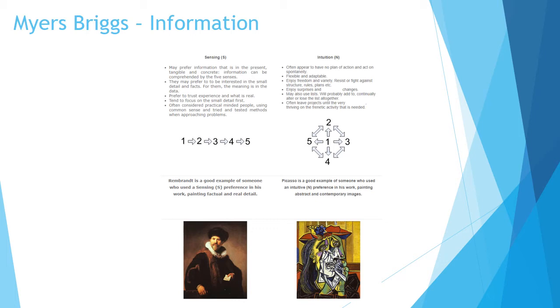So the sensing and intuition part, this is pretty interesting because again, it kind of goes into sequential versus random thinking. Sensing is very structured. They are in the here and now. They're very practical, and they tend to focus on being very detail oriented, very in tune with their senses, the here and now, and less for the abstract notions.